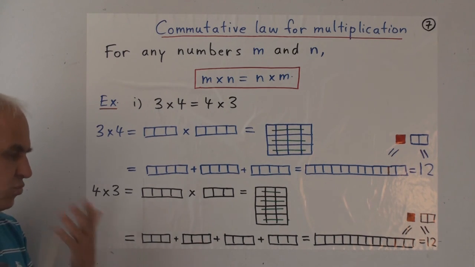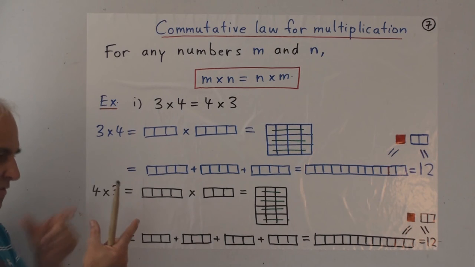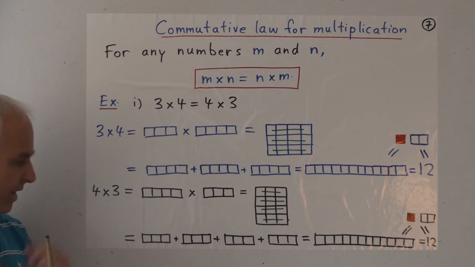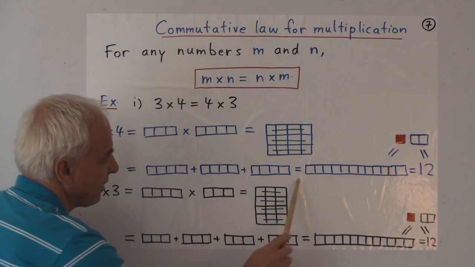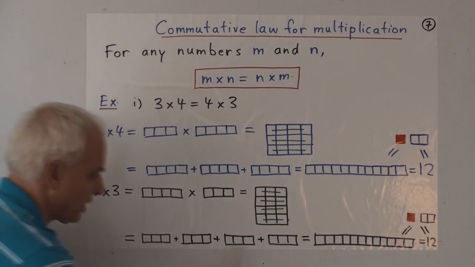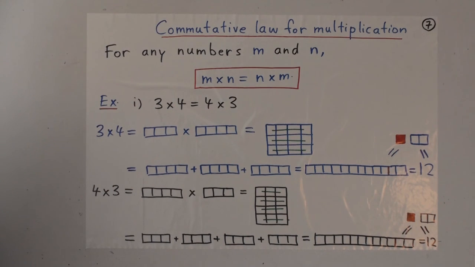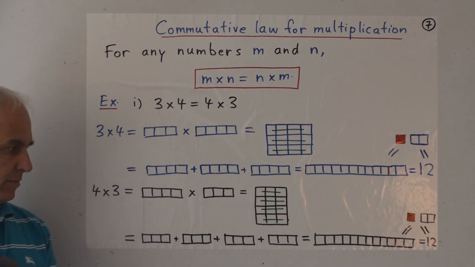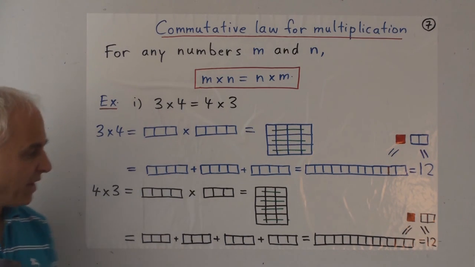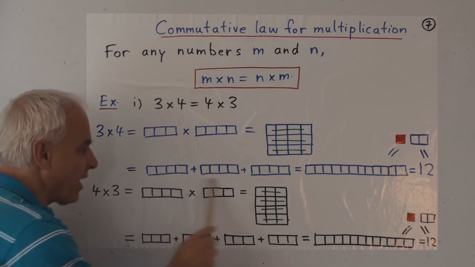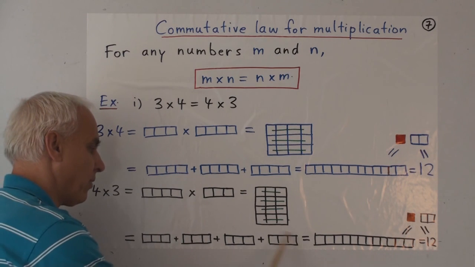So the question is, why should it be that 3 4s is the same as 4 3s. In other words, if you just looked at this number and you looked at this number, it's not at all so clear, unless you're very mathematically gifted, why this total should be equal to this total.